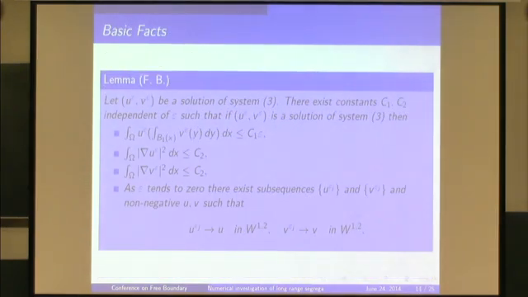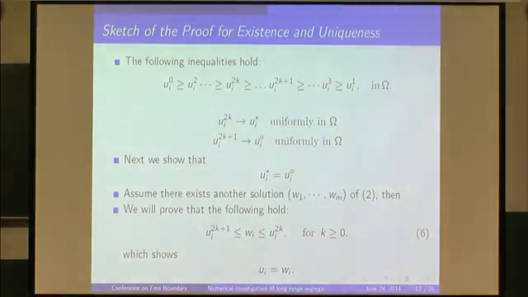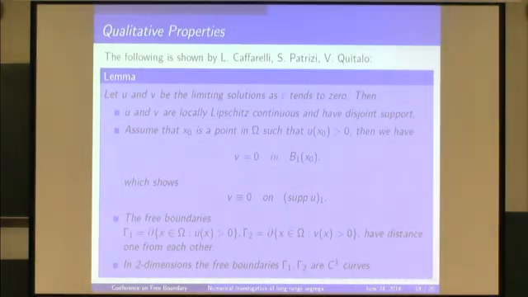They showed that when epsilon goes to 0, u and v are Lipschitz continuous. And as I said, they showed that v is identically 0 on the support of u, at distance 1.